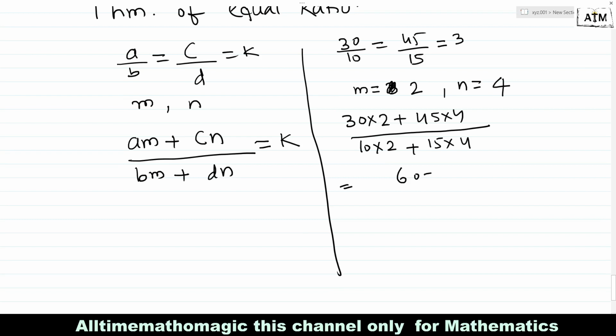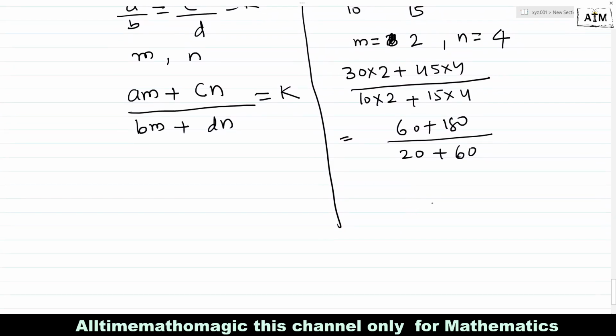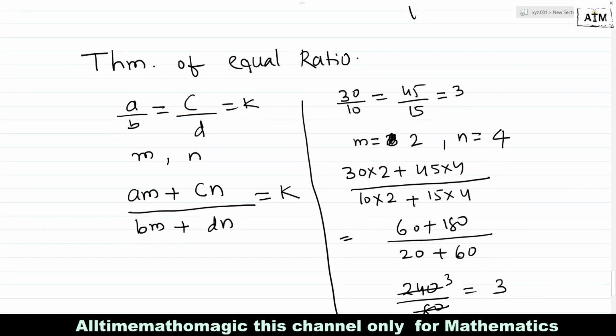The result is 60 plus 180 divided by 20 plus 60, which equals 240 divided by 80. The result is the same, 3.